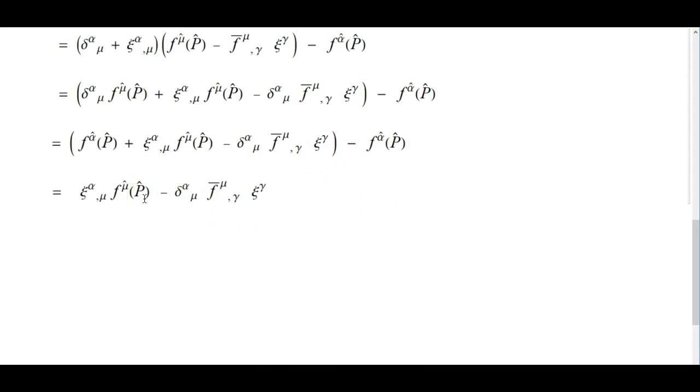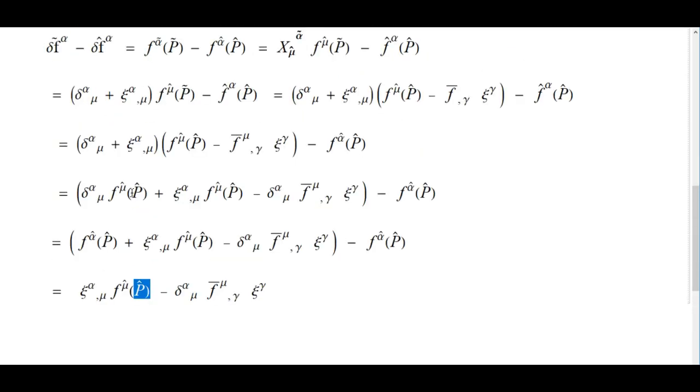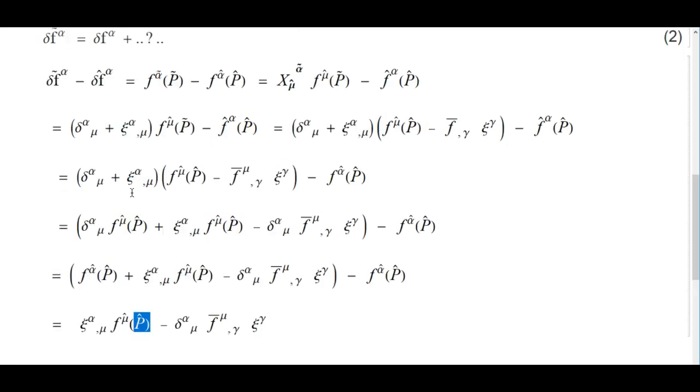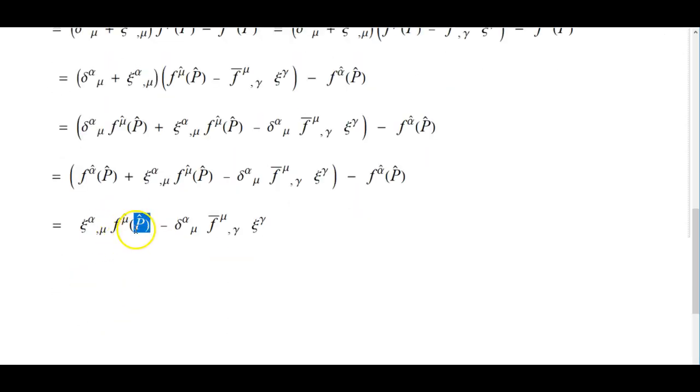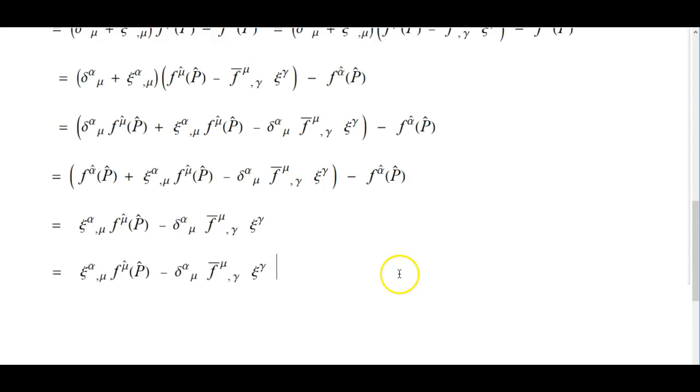and now I don't need to put p caret here. Yeah, because I want to write everything in terms of the background coordinates. So this I can simplify by writing f bar mu plus some transformation vector.